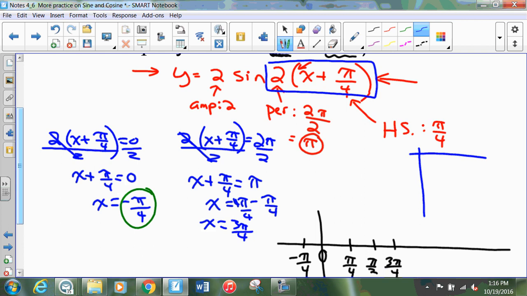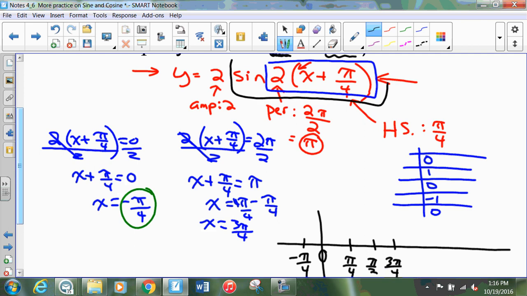Since we're dealing with sine, we know sine's rhythm is 0, 1, 0, -1, 0. And if all we had was just this part, we would be done, right? We would actually go to negative pi over 4 and put a 0 there. We'd go to 0, we'd put a 1, we'd go to pi over 4, we'd put a 0. But we have more. We have two times all this stuff.